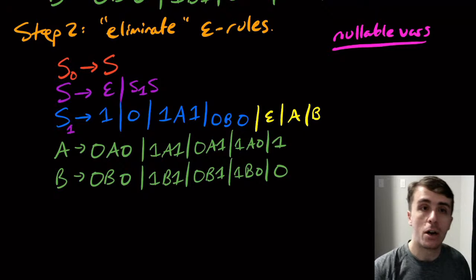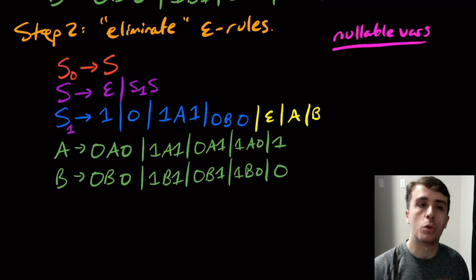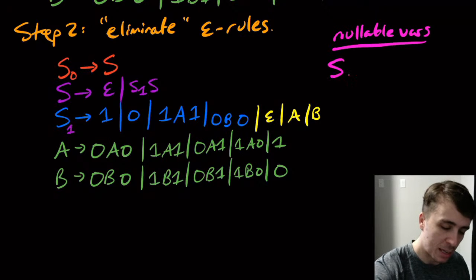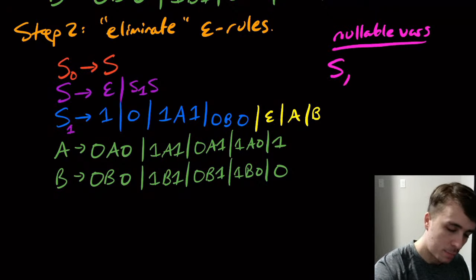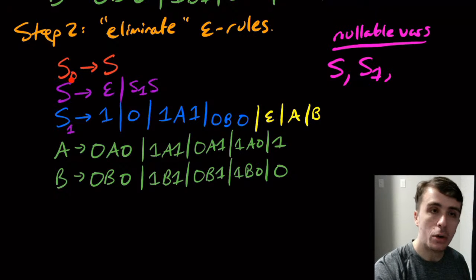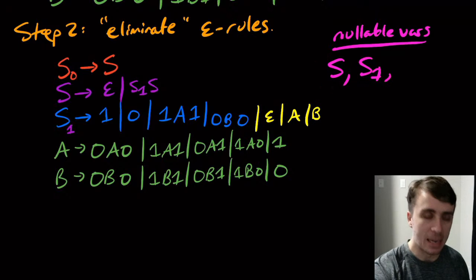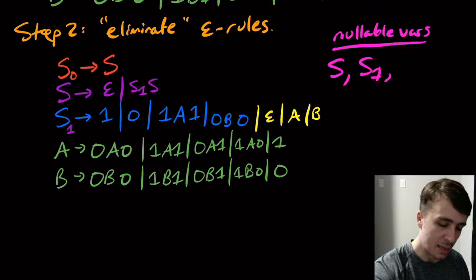And these are the variables that could either directly make epsilon or do it indirectly. The ones that can make it directly are the S variable and S1 right here. But also S0 could make it indirectly because we found out that S can make it, and so this rule tells us that S0 could also make the empty string.